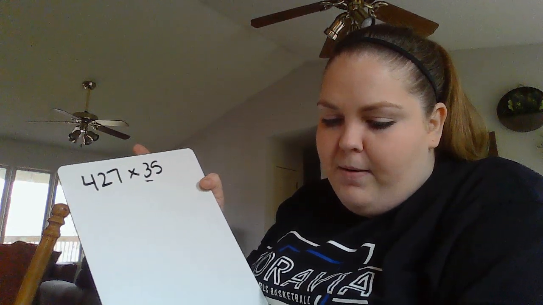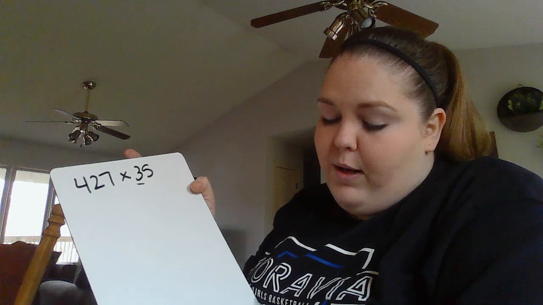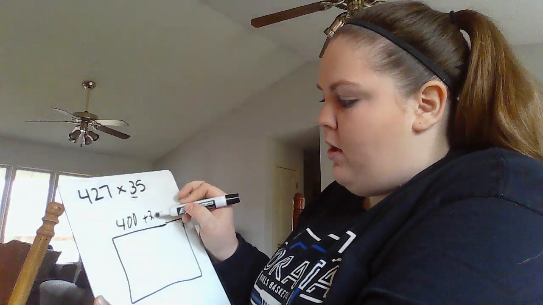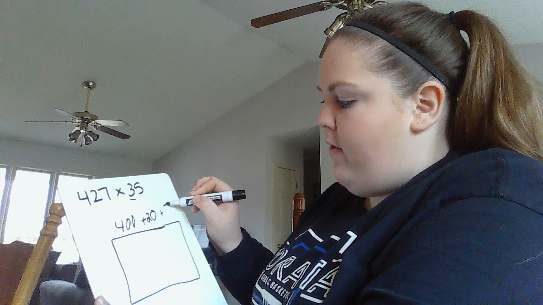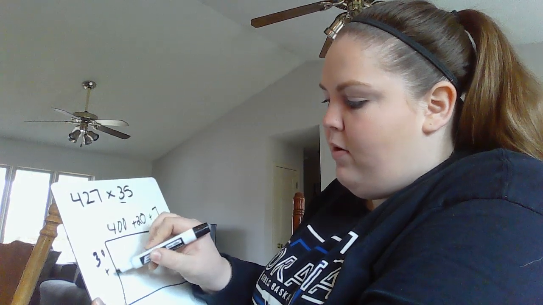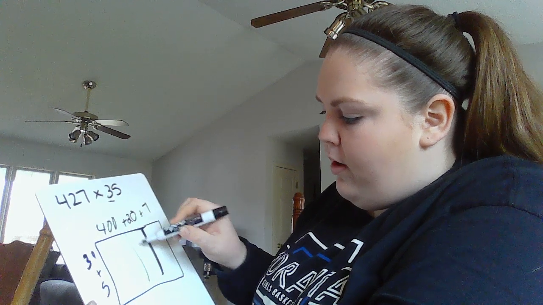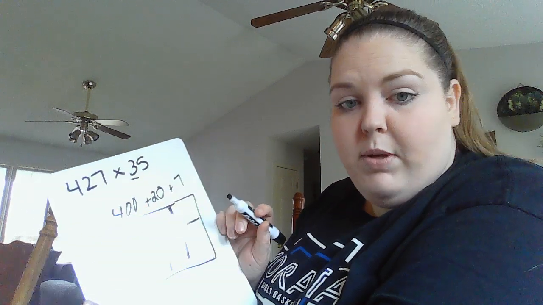On number B, they do what it would look like if it was an area model, where they break it down to 400 plus 20 plus 7 and 30 plus 5. And they did 400, so then if you have your lines in here, sorry, it's really hard to write sideways.